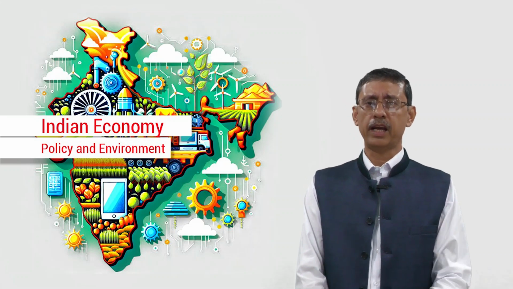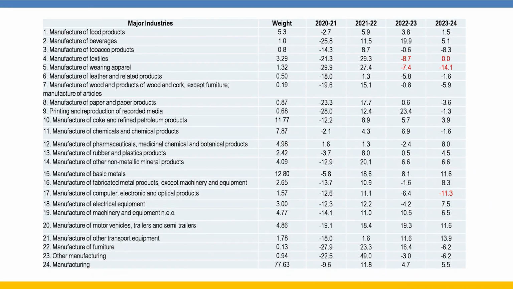All right, I have given this table to give you a sense of the major core manufacturing industries, from food products to furniture, wood, textile, handloom. Look at the last 2 years: there was a decline in all the sectors.